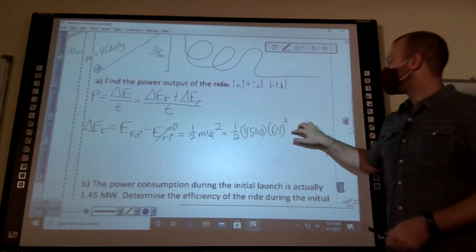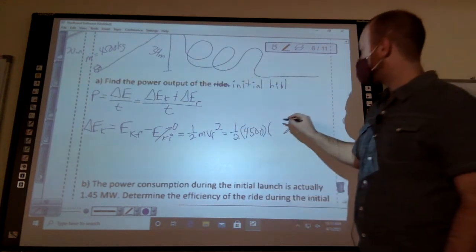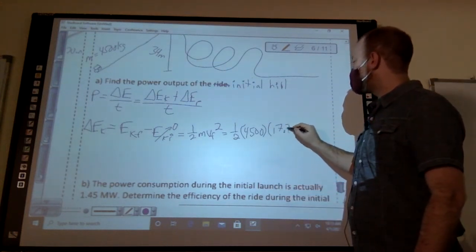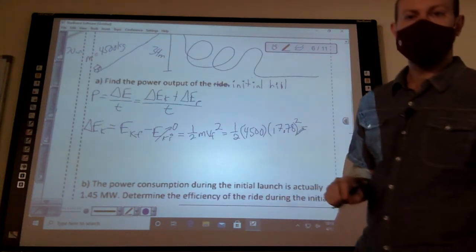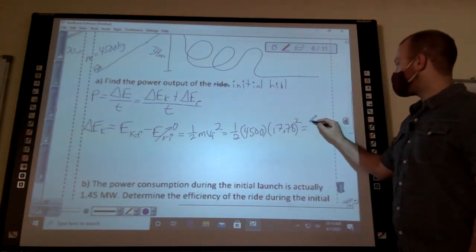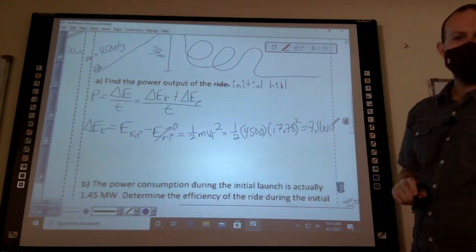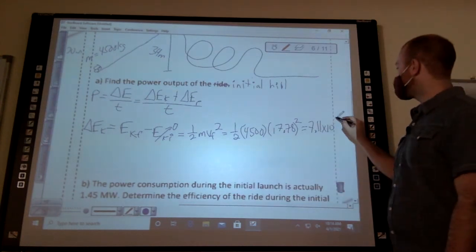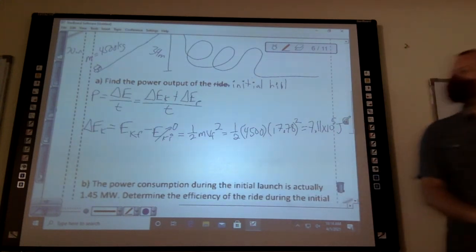So here we go. I've now got the proper speed, 17.78. 7.11 times 10 to the 5 joules. So there's our change in kinetic energy.